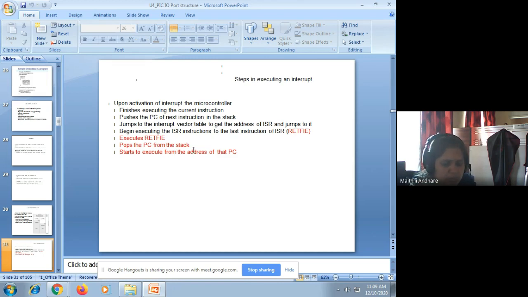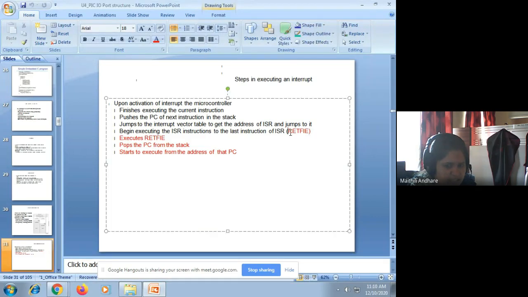Suppose the microcontroller first of all executes the main program. When an interrupt is generated, it will store the next instruction address onto the stack. It will go to the ISR. The ISR routine will get executed. At the end of the ISR, there will be a return from interrupt instruction. Here the instruction is somewhat different, RETFIE.